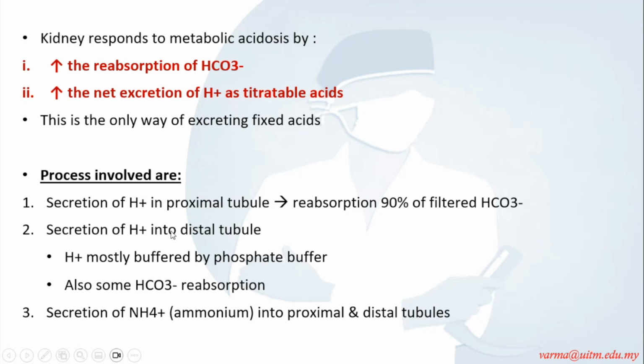Secretion of H+ into the distal tubule, where H+ is mostly buffered by the phosphate buffer. Also, some bicarb reabsorption occurs here. And the third process is secretion of ammonium, NH4+, into the proximal and distal tubules. This is the practical answer, which you should at least be able to write.